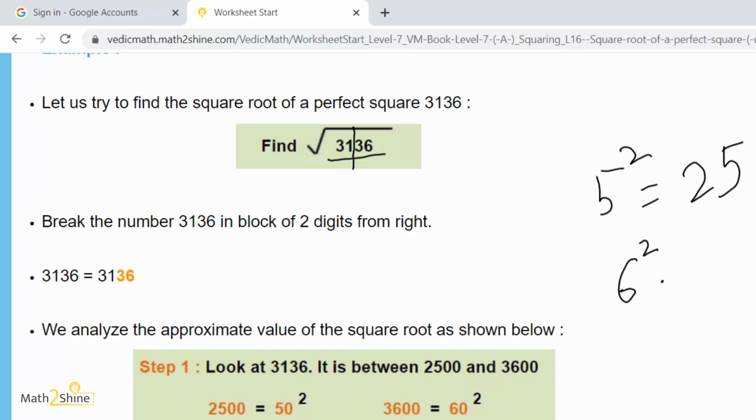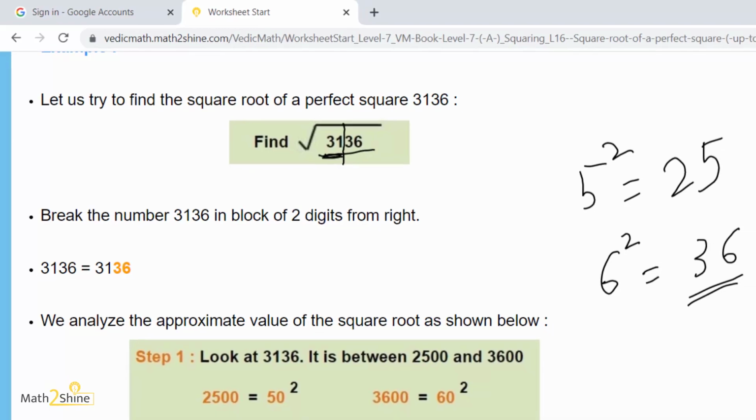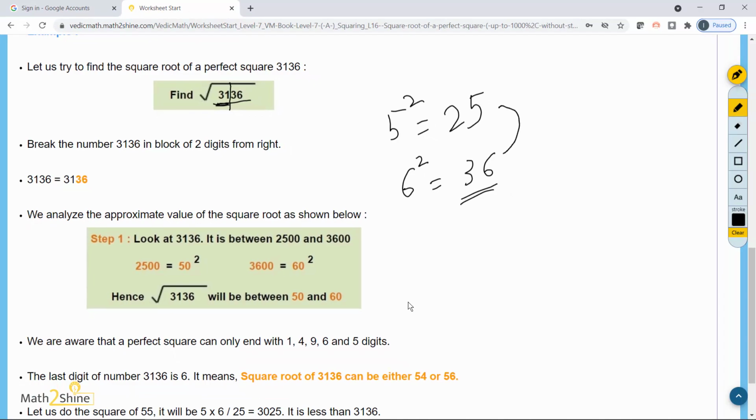Square of 6 is 36. Where does this number fall? This is 31. It falls somewhere in between. So it means my square root of this number is going to be 50 something. I am just writing it, 50 something. We don't know what the number will be.